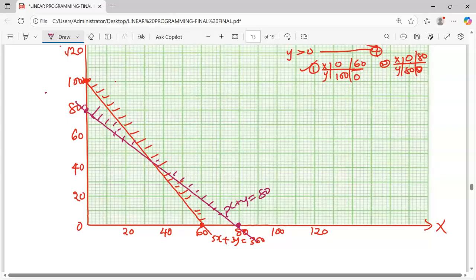And once we have done that, we use the non-negative functions where y is greater than 0 and also x is greater than 0. So we shade this part and get the required region. The entire of this part here becomes our required region.